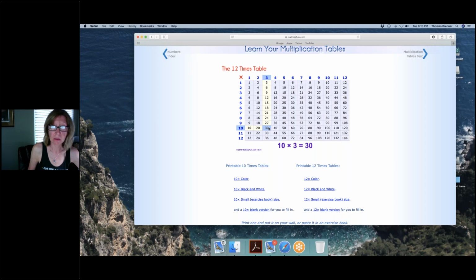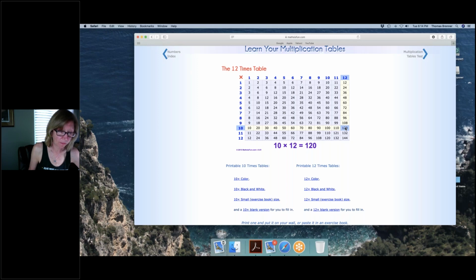You would add a 0. And that would apply as high as you can go. On our table here, it only goes up to 12. But as you can see, 10 times 12 is 120. You would just add a 0 to that number you're multiplying.